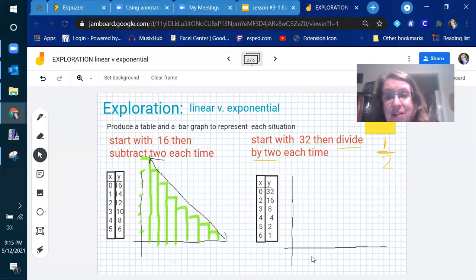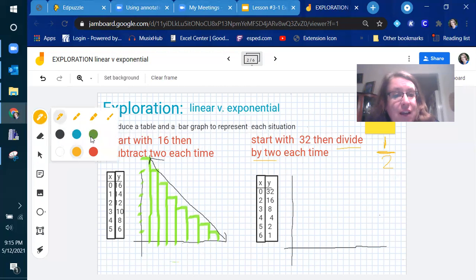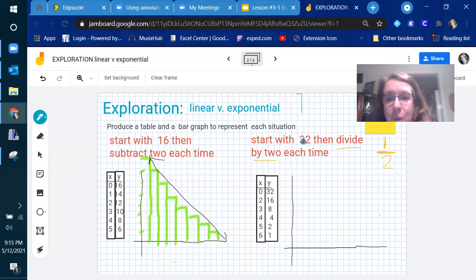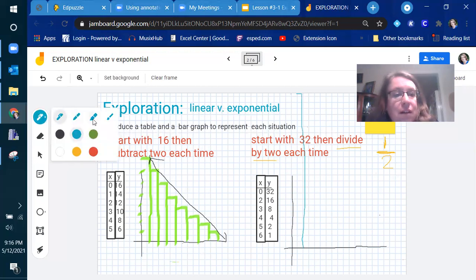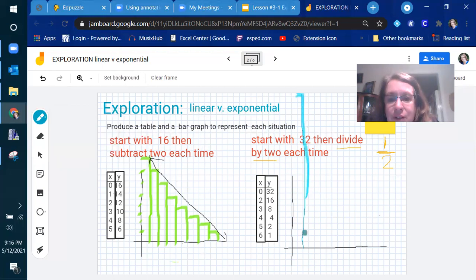So now we're going to see a little bit more of the action. So let me do a kind of graph. I'm not going to count 32, but I know it's kind of like way up here. And so it's like here.